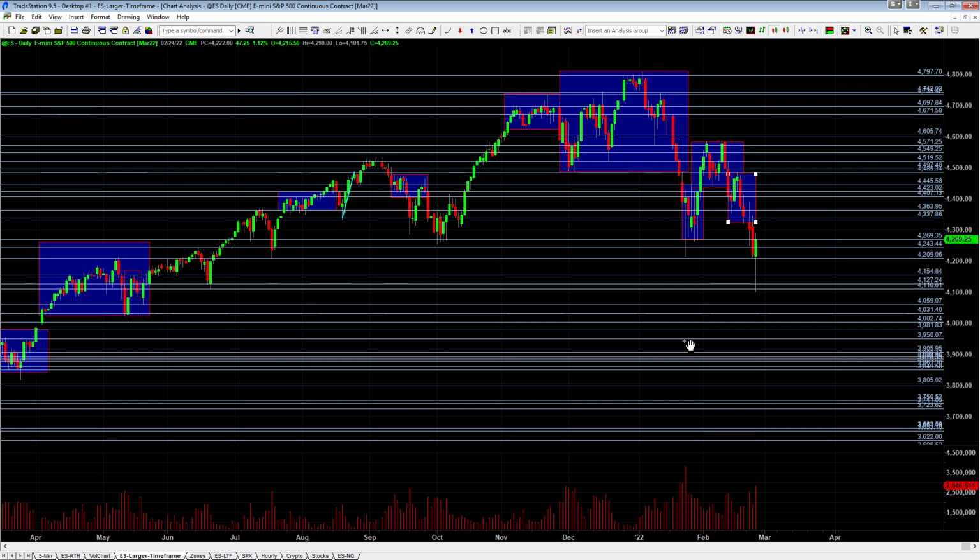And then keep in mind the markets are fractals, so you have these smaller balances, but then this entire range can also be considered a large balance area. And that's the thing, today we were breaking and opening way below value and opening below a much larger time frame balance area. So down here the onus is on the sellers.